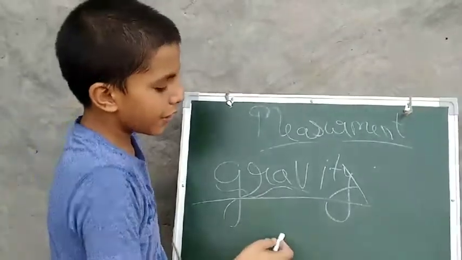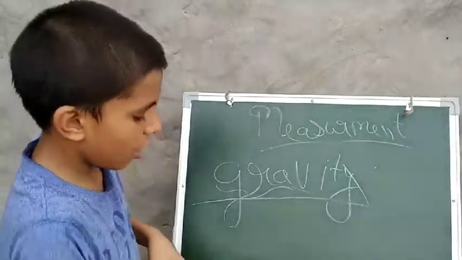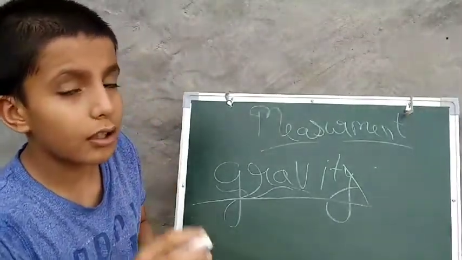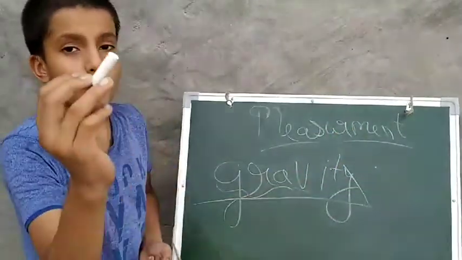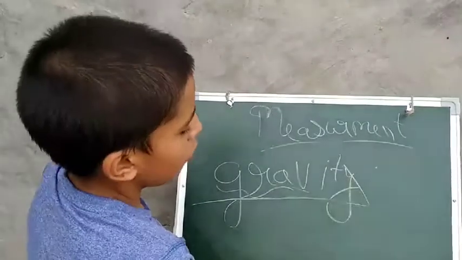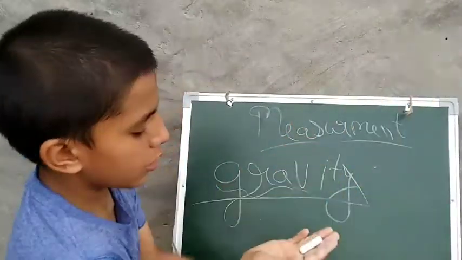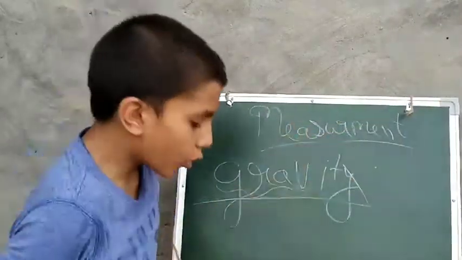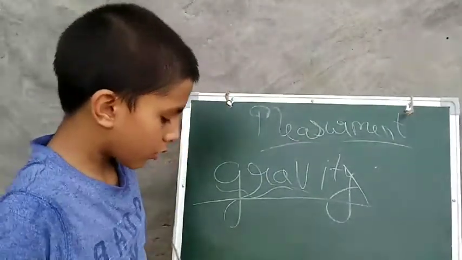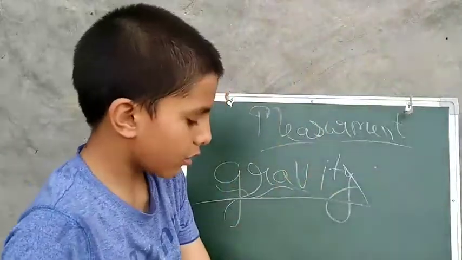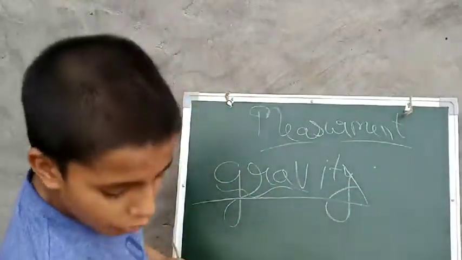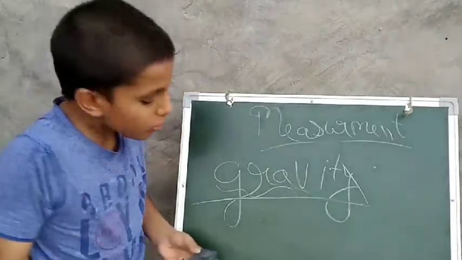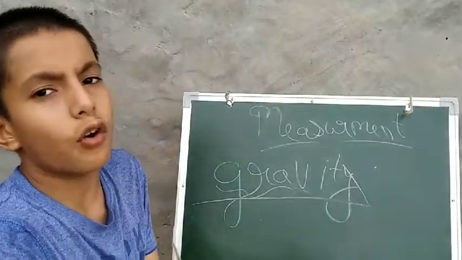So gravity, the force on Earth, acts on an object, on this chalk. So I feel its weight because it tends to go down, like this duster going down. Why go down? Because the force is acting on it.